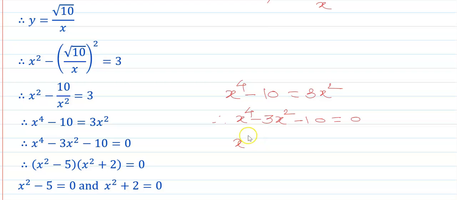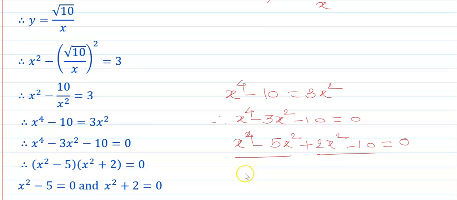Now, what are the roots? That is x raised to 4 minus 5x square plus 2x square minus 10 is equal to 0. Now, take the common x square from this and this.